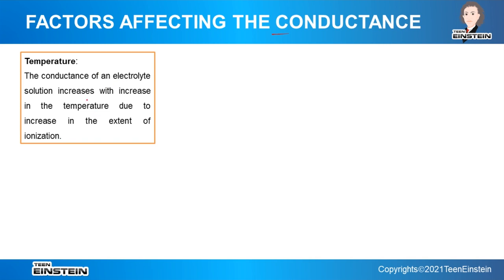The conductance of an electrolyte solution increases with increase in temperature. Now this is true only for lambda m and lambda e, because specific conductance has a different relation with temperature, and mostly we are focusing on these two, not on specific conductance, that is kappa.